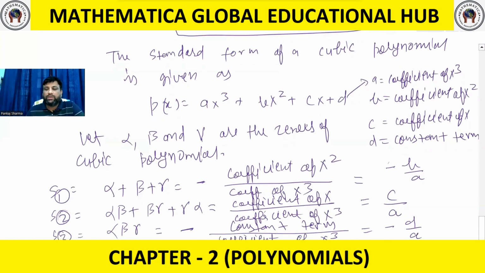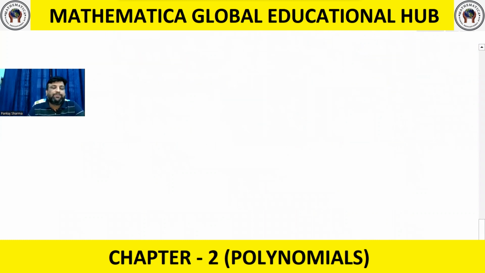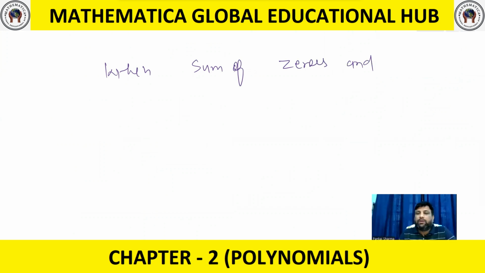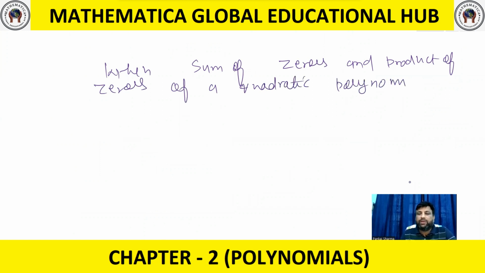Now you can see one more logic I want to tell you. When the sum of zeros and the product of zeros of a quadratic polynomial are given, yes, and they are telling us to form the quadratic polynomial, it's very simple.